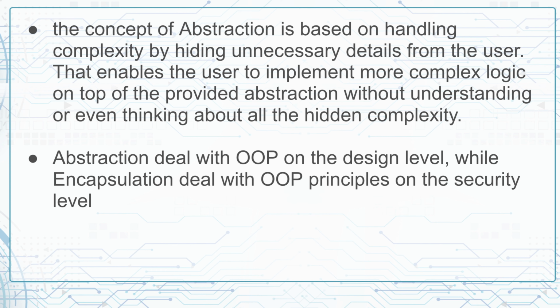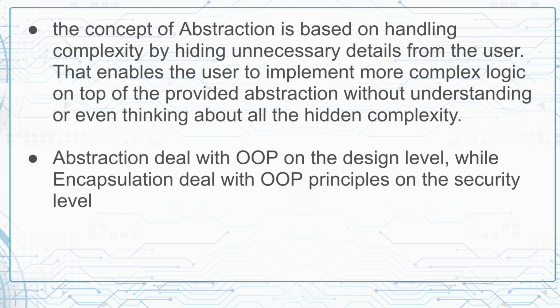Abstraction deals with object-oriented programming on the design level, while encapsulation deals with object-oriented principles on the security level. We spoke in the last video about encapsulation, and we said that there is some similarity with abstraction, but each principle deals with security and hiding information on a different level. So let's focus today on abstraction.